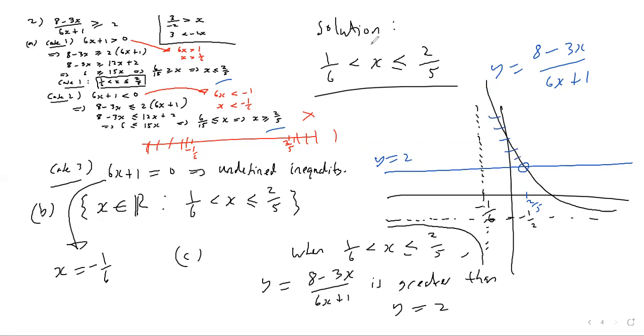So our quotient graph is bigger than this y equals 2 graph for these x values, as we said, between 1/6 and 2/5, because as we can see, the graph is above this y equals 2 line. So that graph confirms our solution, and that's the graphical interpretation done.